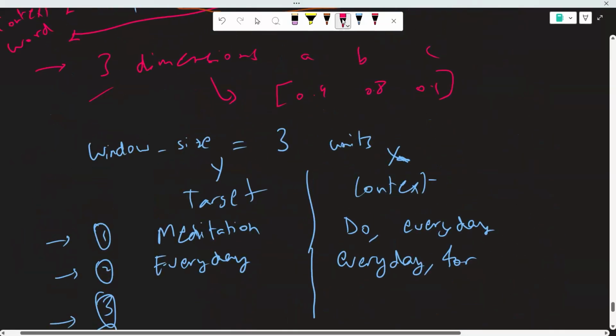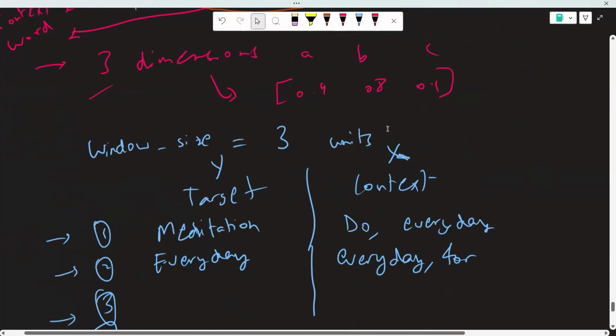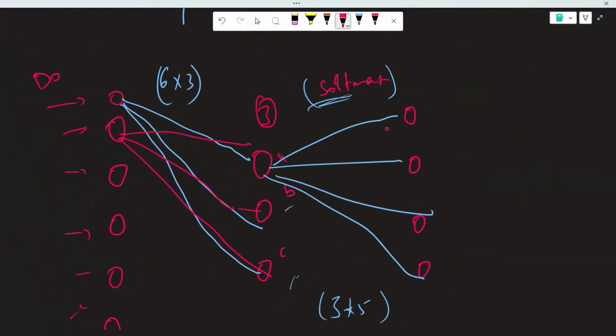So let's say the first word is, let's say, do. So do will be passed, and next you have meditation, and so on for everything: do meditation every day for a week. All these words will be getting passed.